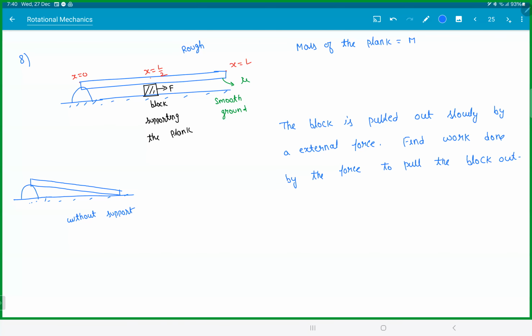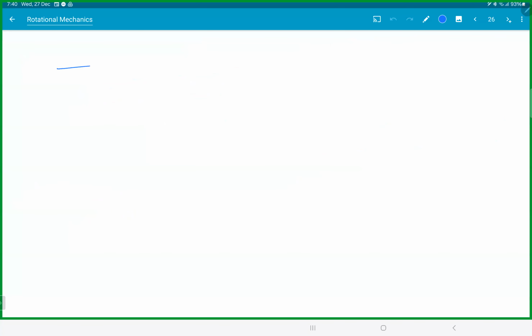See whether you got the FBD right. Ny, Nx, your own weight mg. First thing, let the block be somewhere at x. Always, when you do the problem, since the block is coming out, draw the FBD at an intermediate stage.